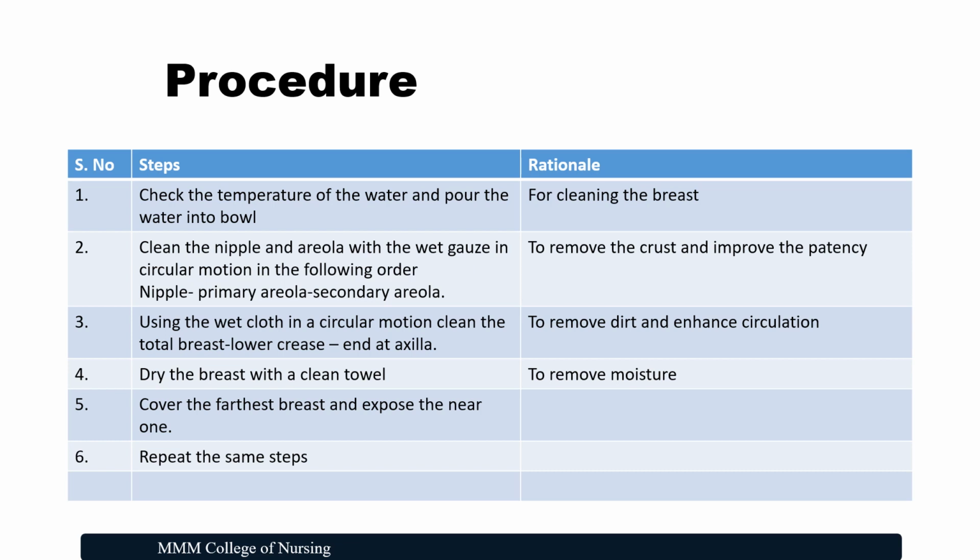Then tie the breast with a clean towel and cover the farthest breast and expose the near one. While doing the near breast, we have to do it in a clockwise direction. That is the procedure.